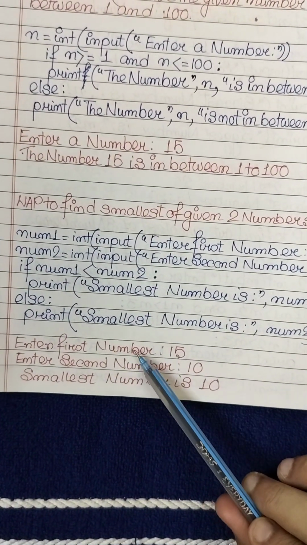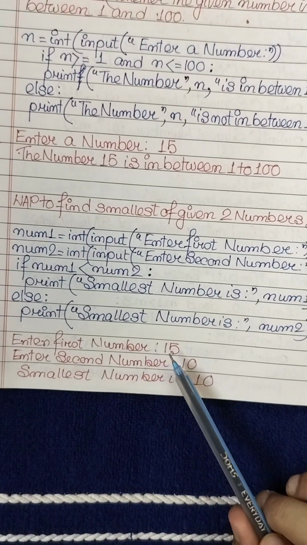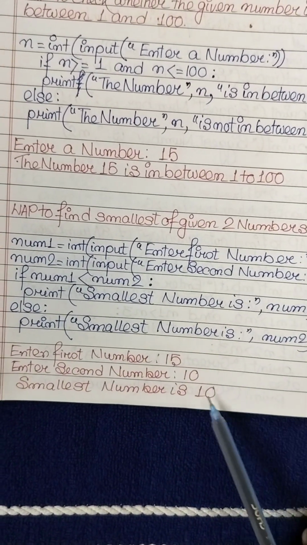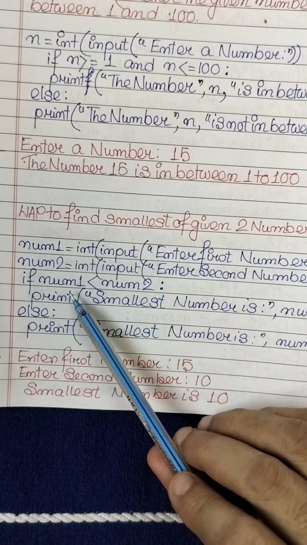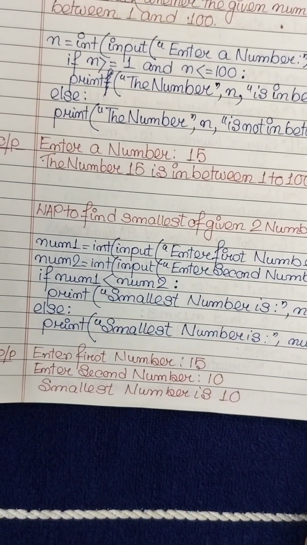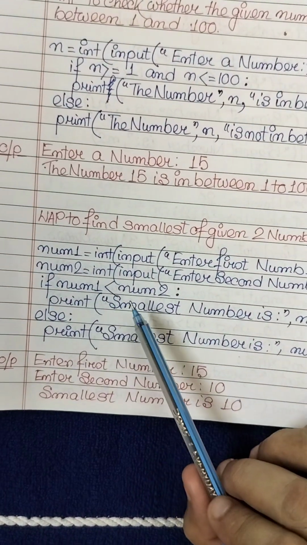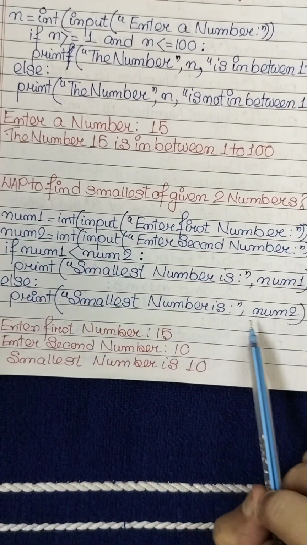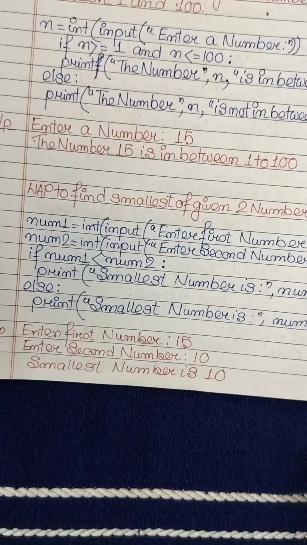I have taken the first number as 15 and the second number as 10. Is 15 less than 10? No, 15 is greater than 10, so num1 cannot be printed. So the smallest number is num2, that is 10, which is printed.